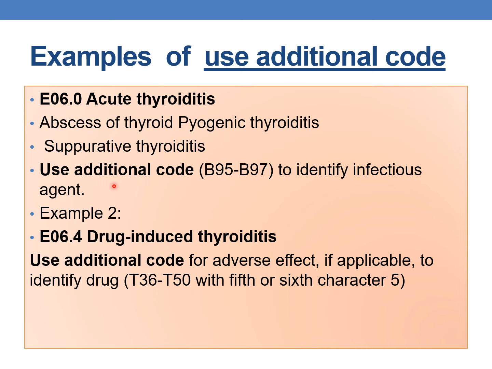Under it you can find use additional code to identify the infectious agent, which comes under the categories B95 to B97. Another example is E06.4 drug induced thyroiditis. Here also you can find use additional code for adverse effects, if applicable, to identify the drugs, T36 to T50 series, with the appropriate 5th or 6th character.